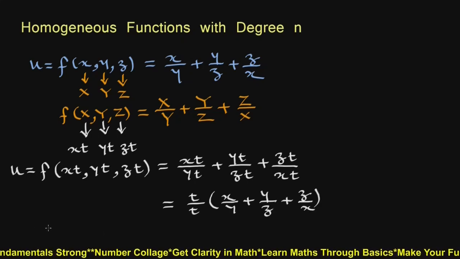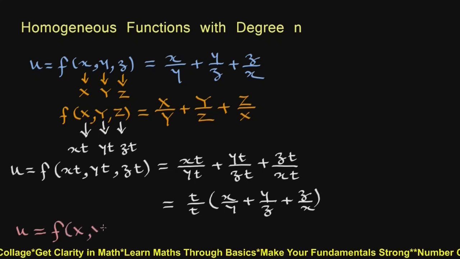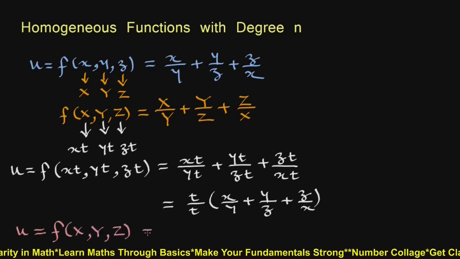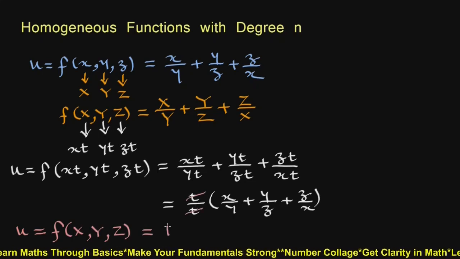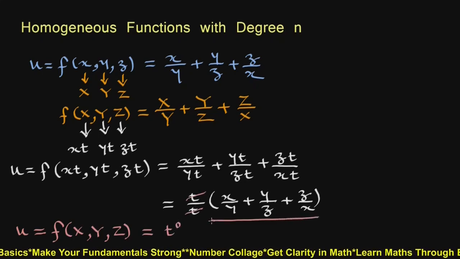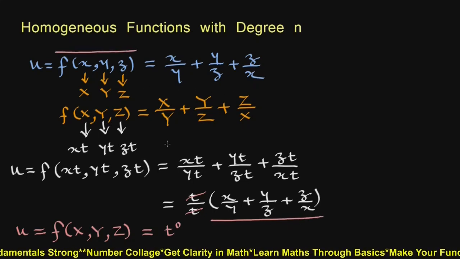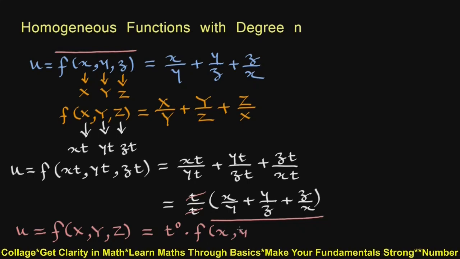So finally we get u equals f of capital X, Y, Z equals, cancelling this t, t raised to 0, and for this x upon y plus y upon z plus z upon x, we write f of small x, y, z.